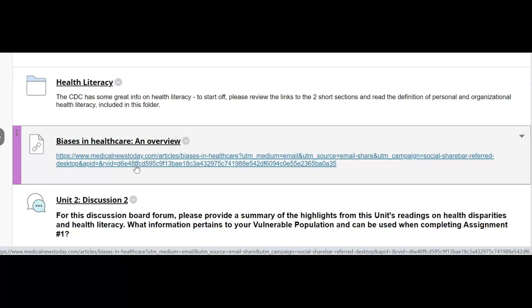On the second page, there's a picture of what groups healthcare providers and institutions often have biases against. So I'll let you look at this, but I think you're going to find that this is another key for this week.